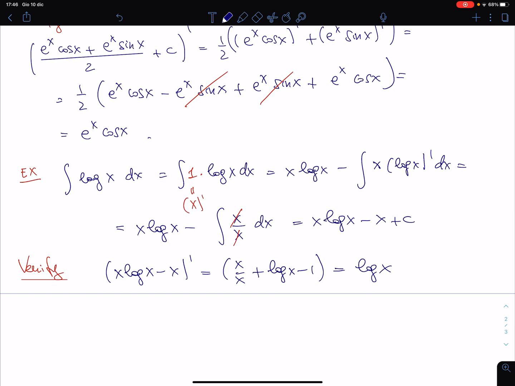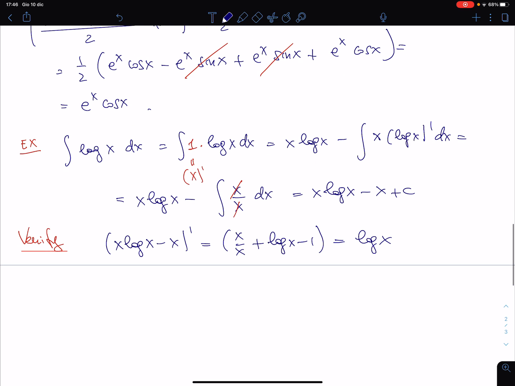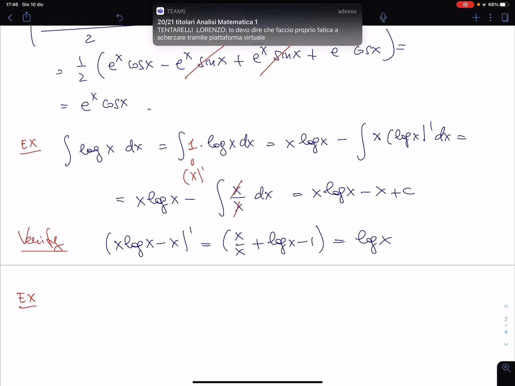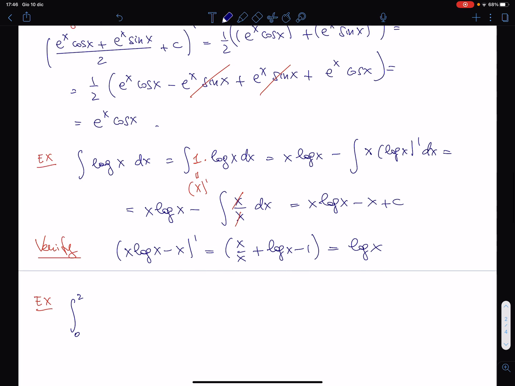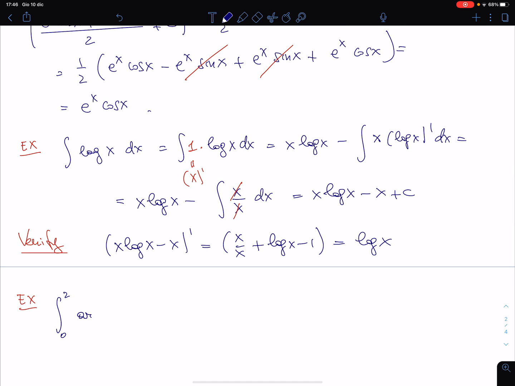And perhaps the other example I want to give you is an example of a definite integral, because of course by integration by parts you can also compute definite integrals, and the integral here is the integral between 0 and 2 of arctangent.